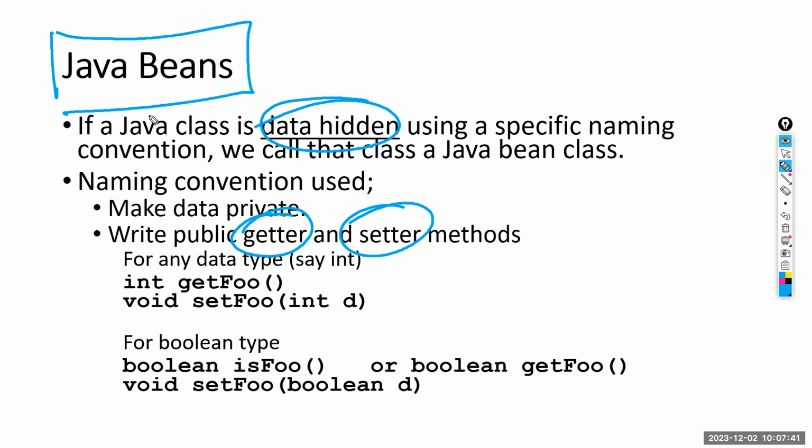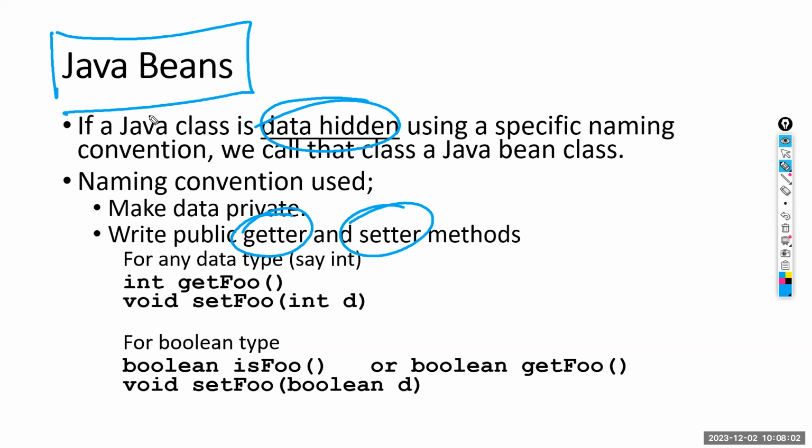Okay. So that means you mark your data private, and then we generate public getters and setters for others to access it. Because when they access through getters and setters, we have better control at least. But again, it is not a must.